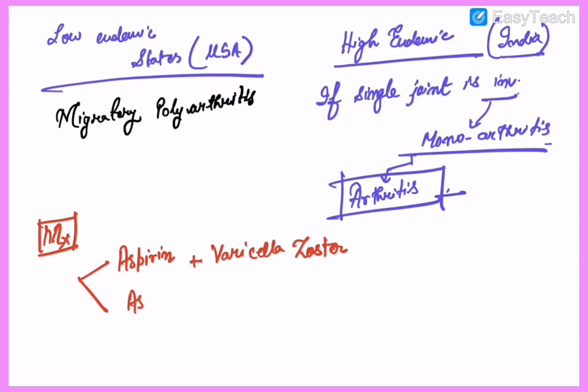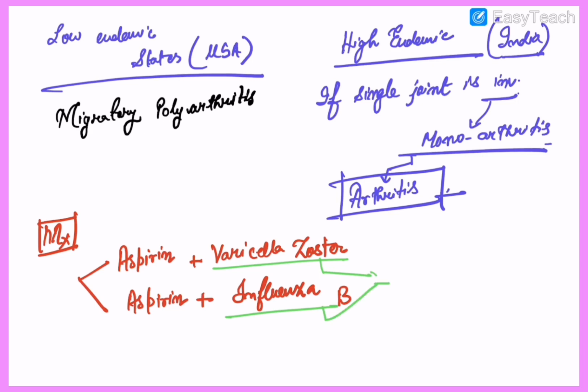Another is aspirin plus influenza B virus. Now, these two viruses give rise to Reye's syndrome, and it's a type of mitochondrial encephalopathy.